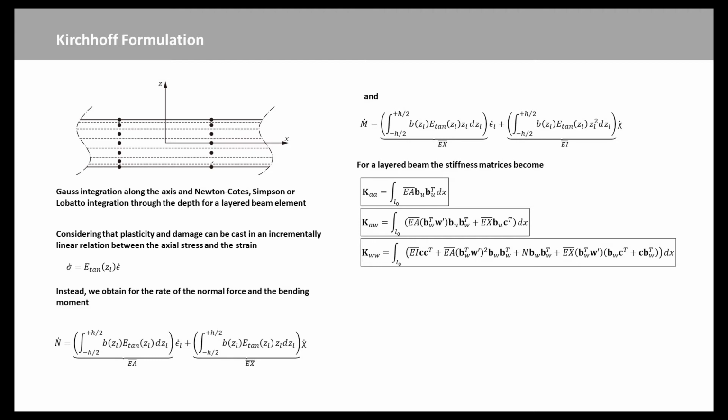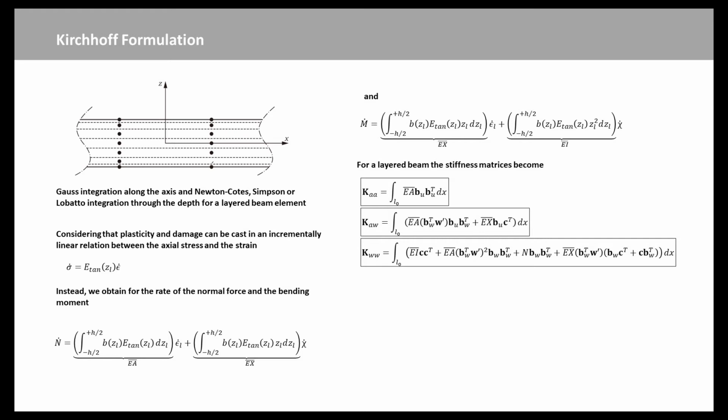Considering that plasticity and damage can be cast in an incrementally linear relation between the axial stress sigma and the strain epsilon, E tangent is the tangential stiffness modulus which, for a given x, only depends on the position with respect to the center line.